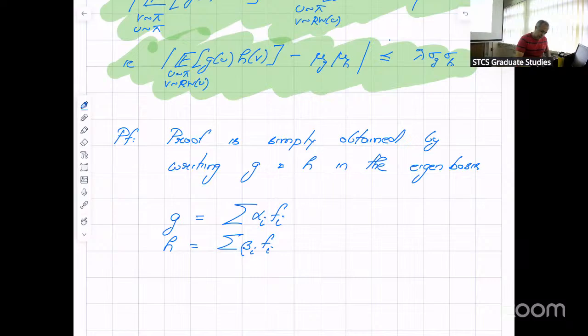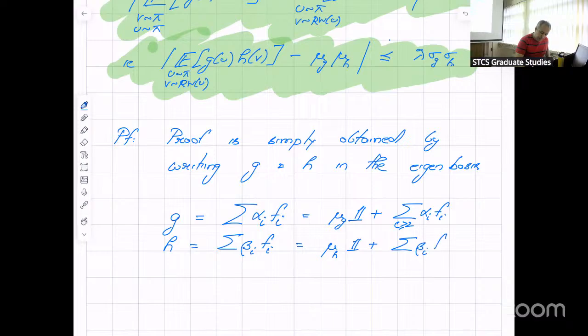So g is mu g times the all ones, plus summation over I greater than or equal to 2 of alpha I fi, and h is mu h times all ones, plus summation over I greater than or equal to 2 of beta I fi.